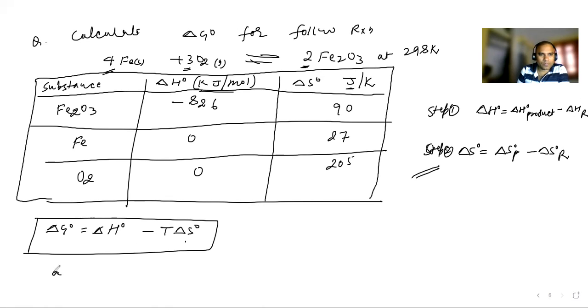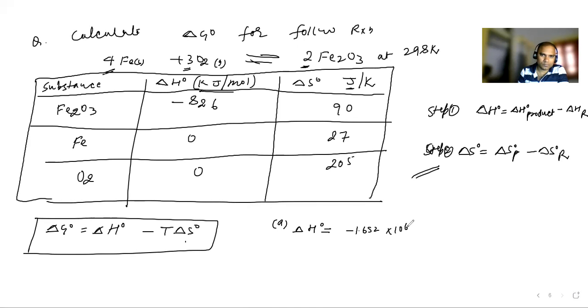So delta H is going to be negative 826 and 0, times 2, which gives me negative 1652 kilojoules for delta H. And then delta S is going to be 180 minus 615 minus 108, so negative 553.